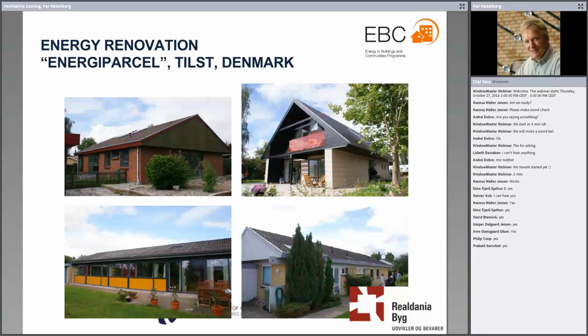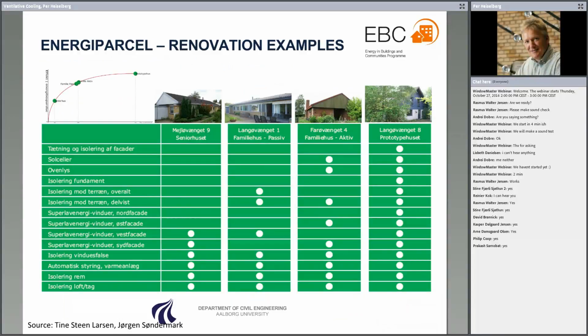This is an example of 4 residential buildings which were renovated in Denmark to different degrees. This table shows that in some, only windows were changed, in others also insulation in the ceiling and in the floor, and finally another building was completely renovated with a change of the building envelope.